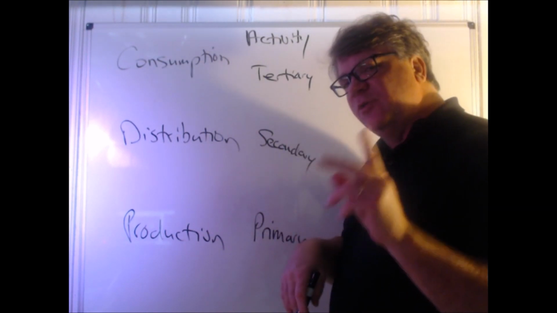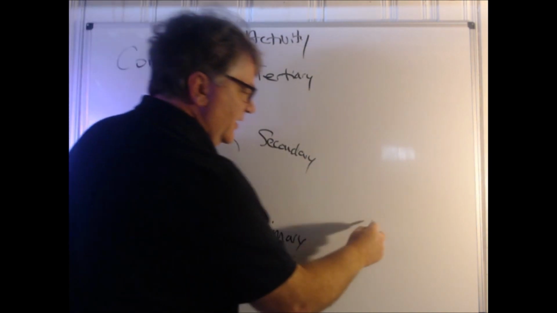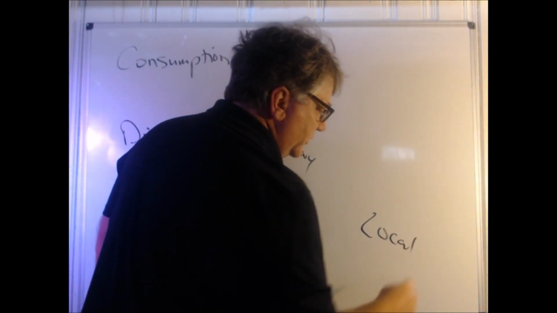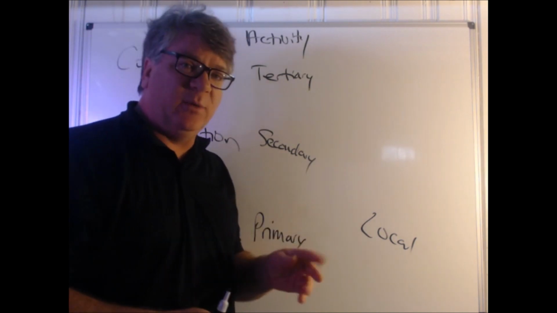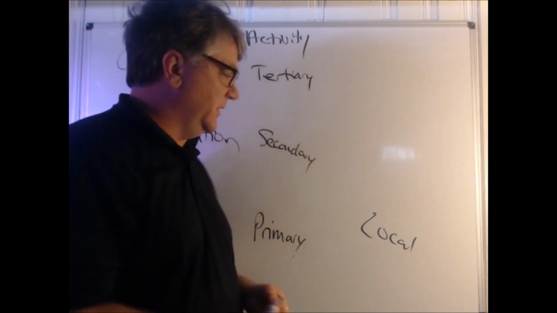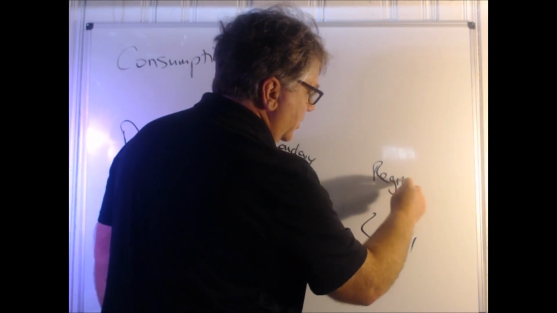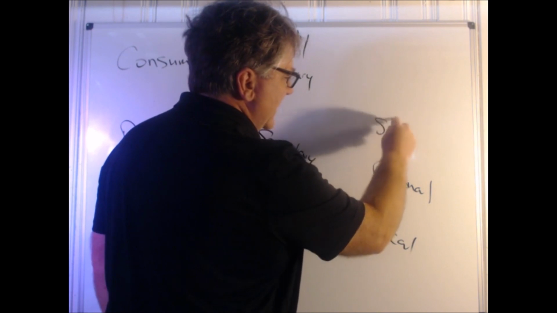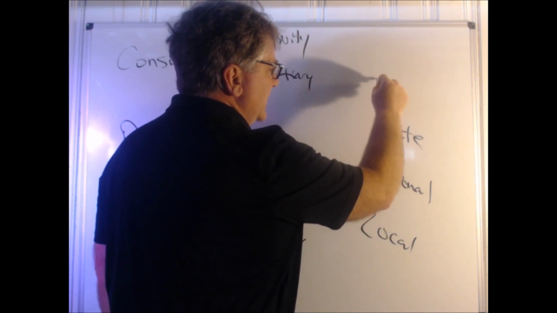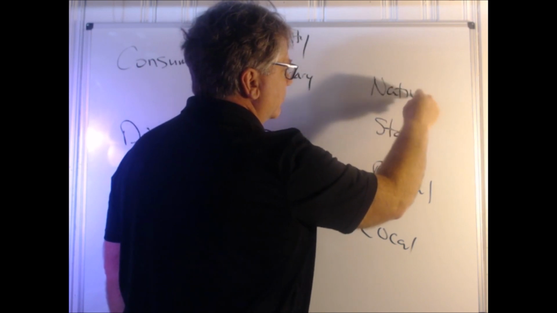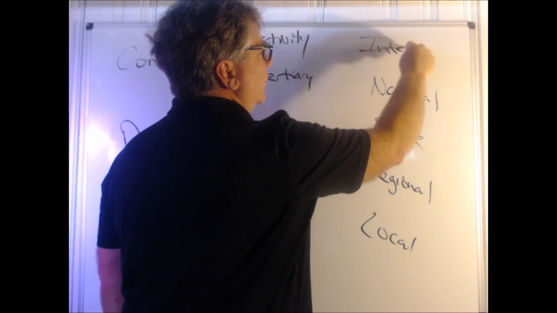What I also want to draw to your attention, and we'll elaborate on this, is the different geographical significance of the economy. We don't just have a local economy. We have local, we have regional, we have state, we have national, and we have international or global.